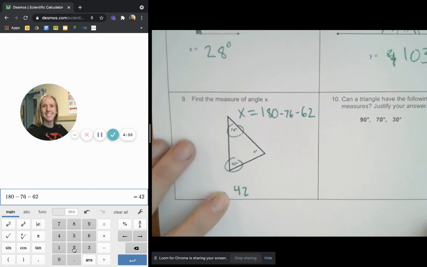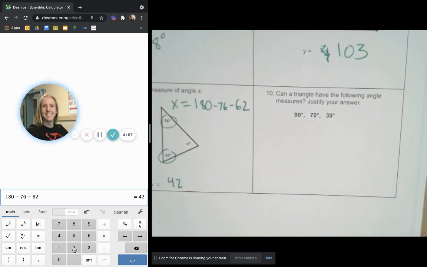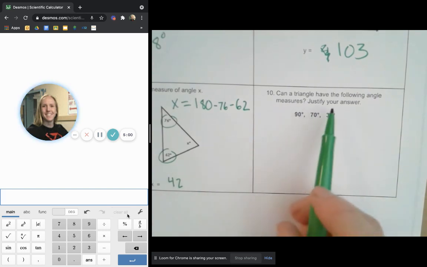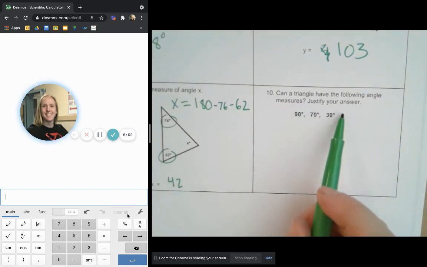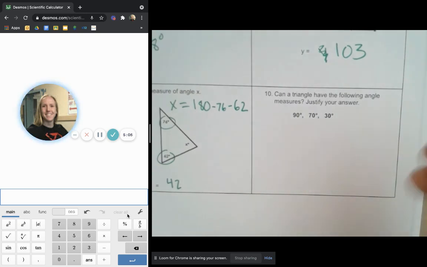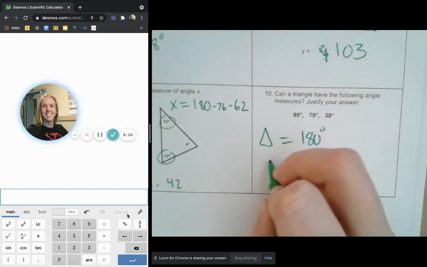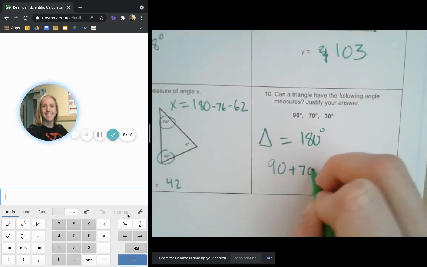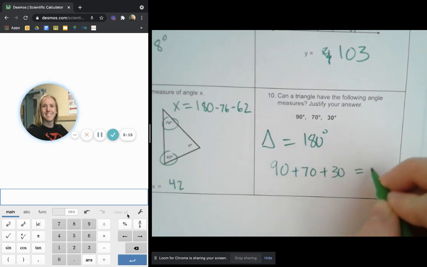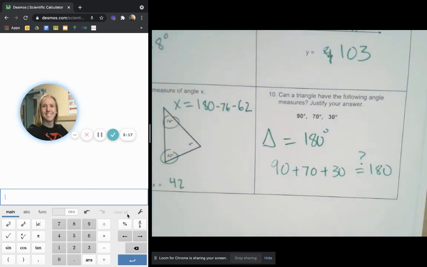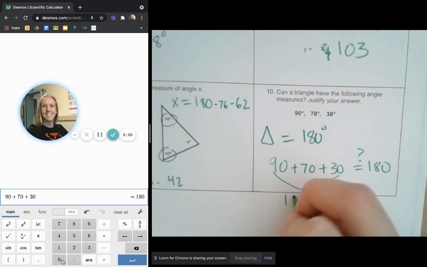And the last problem to check says, can a triangle have the following angle measures? Justify your answer. We know that triangles equal 180 degrees. We want to know if 90 plus 70 plus 30 equals 180 degrees. We don't know if it does, so we've got to add them up. 90 plus 70 plus 30 equals 190 degrees.